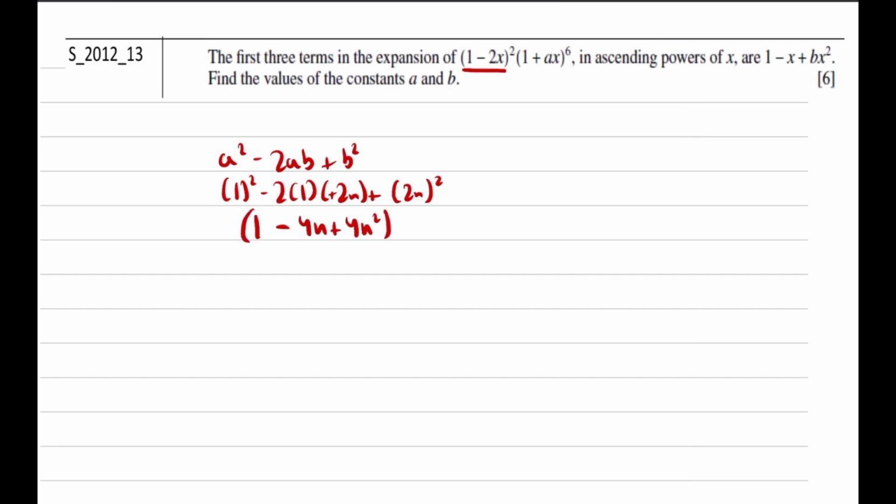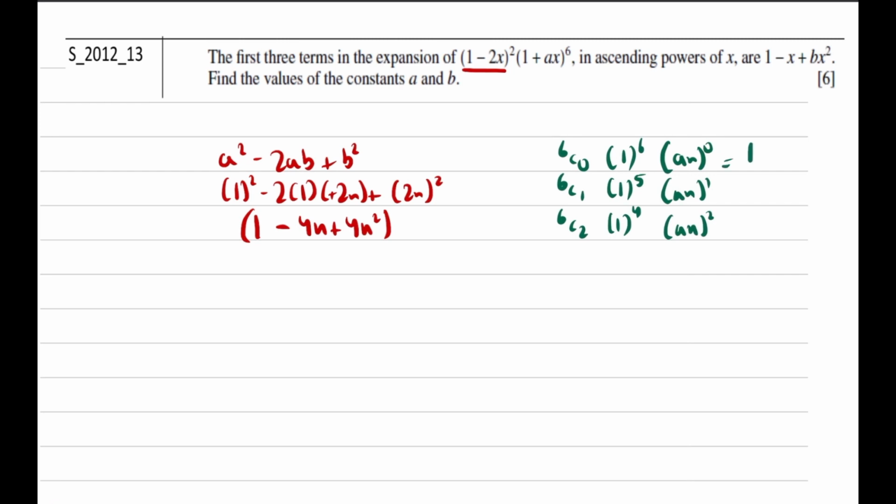Yes, you have to expand power 6. 6c0, 6c1, 6c2: 1, 6, 15, with powers 6 minus 0 is 6, 5, 4, and then ax power 0, ax power 1, ax power 2.